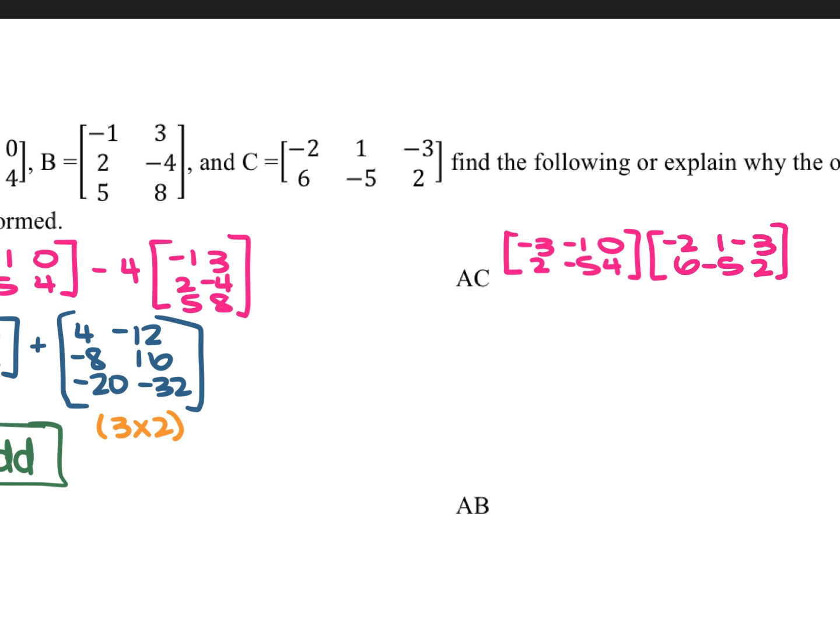In order for you to multiply, you need to make sure that the two numbers in the middle of your dimensions are the same. You're multiplying a 2 by 3 by a 2 by 3. These two numbers here that fall in the middle are not the same, so you cannot multiply this.